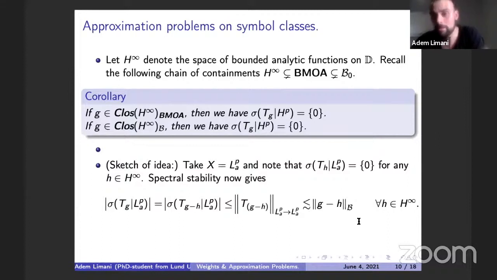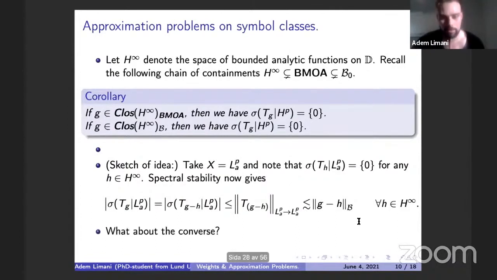And this holds for any h in bounded analytic functions, and then you just take the infimum and you get it. So very straightforward in some sense. But this spectral stability is really a non-trivial thing. It's difficult. It's not easy to see from the formula a priori.